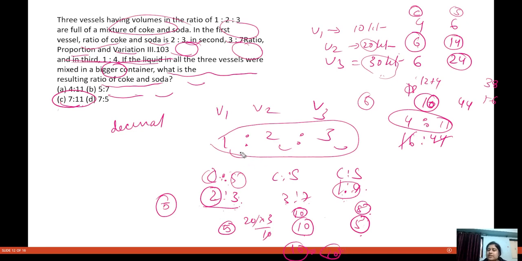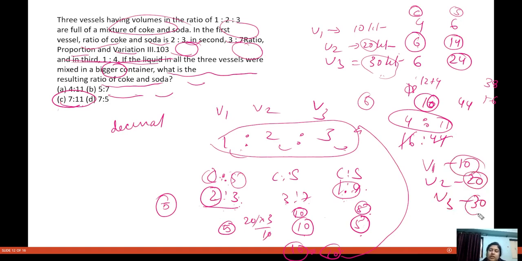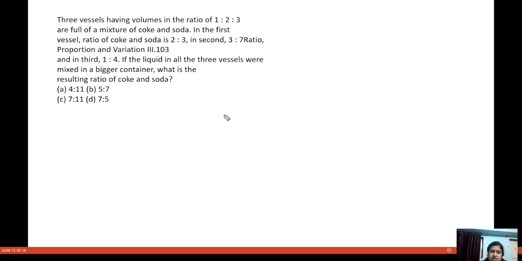And because the volumes are again in some ratio, I multiply: if V1 volume is 10, then V2 volume is 20, and V3 volume is 30. Then in each of these I calculated Coke and soda, added the amount of Coke, added the amount of soda, and I get this 4 is to 11. So I hope everybody understands this. Let us see just once more.